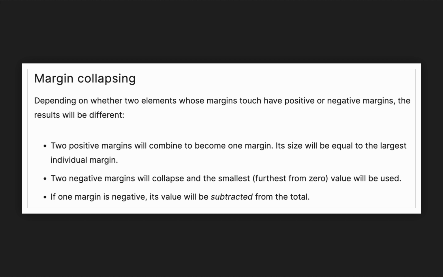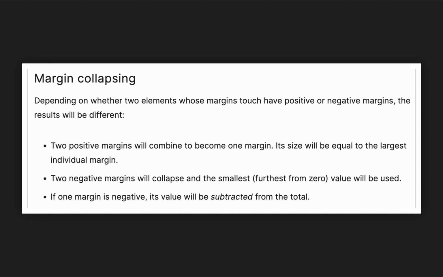Now, when you have two elements beside each other, depending on if the margin is positive or negative, the result will be different. If you have two positive margins, the element with the largest margin, that margin will be used as the margin between the elements.